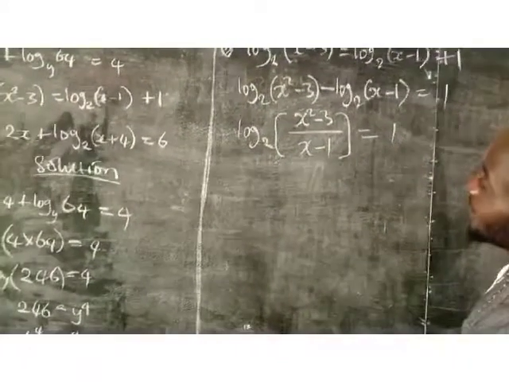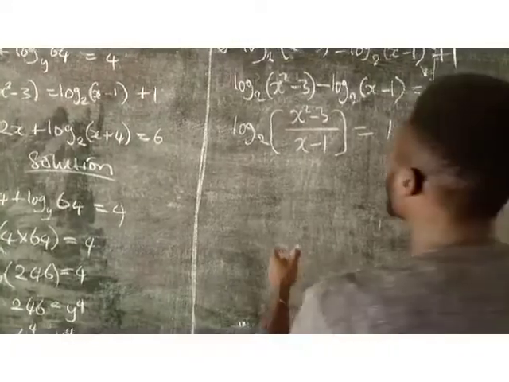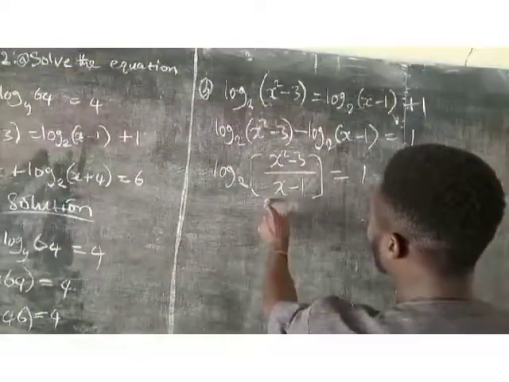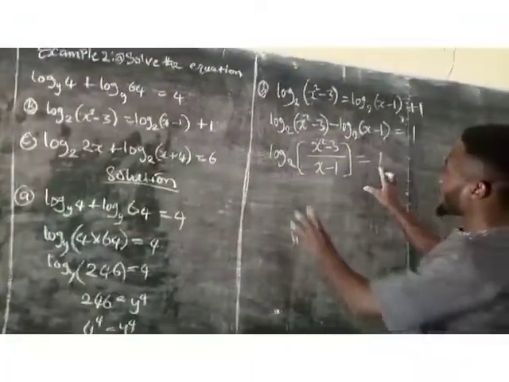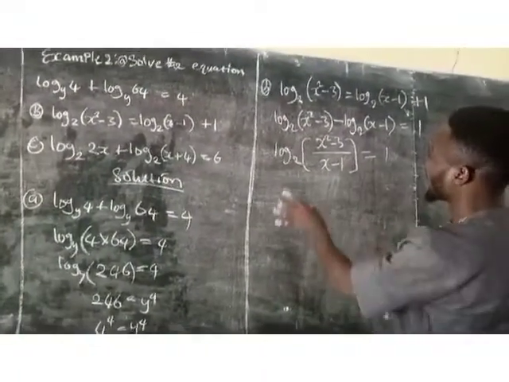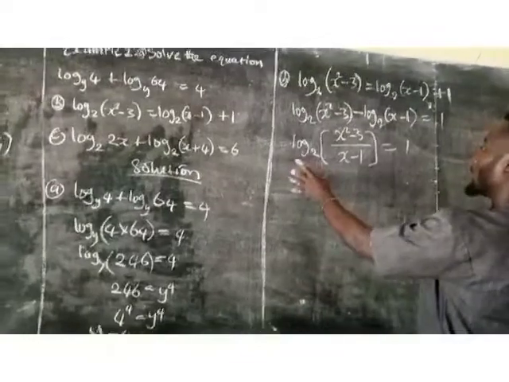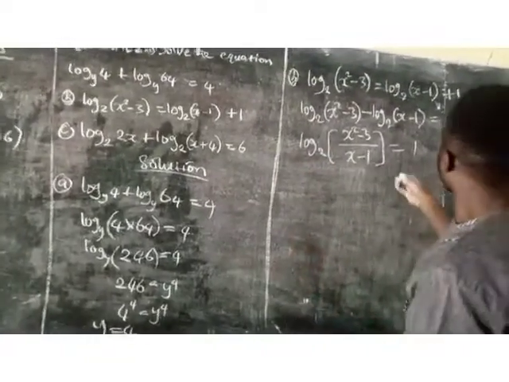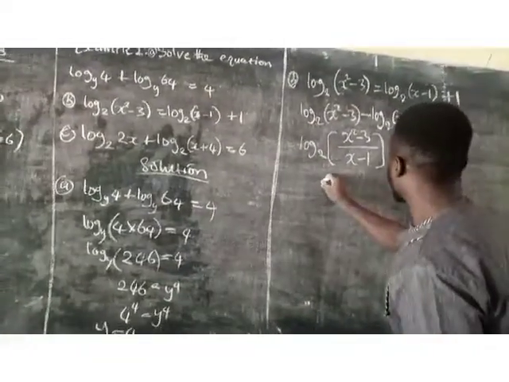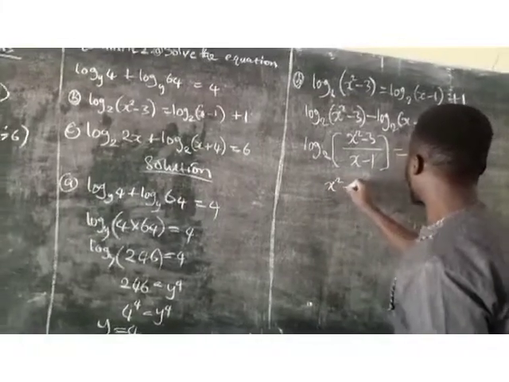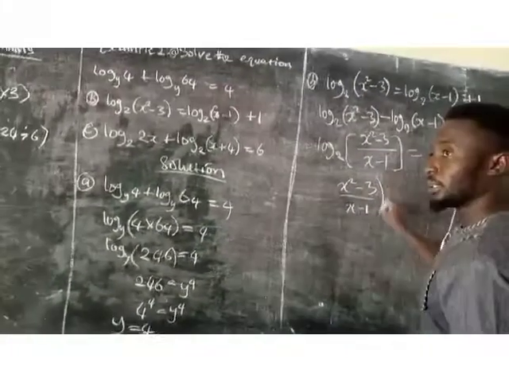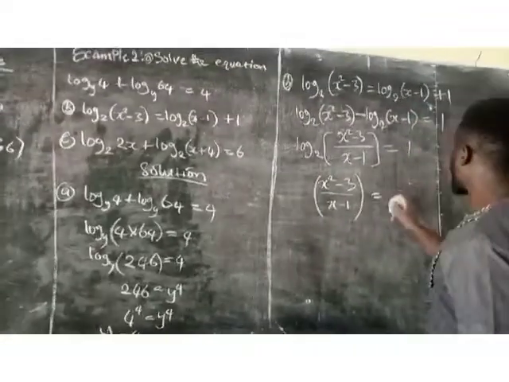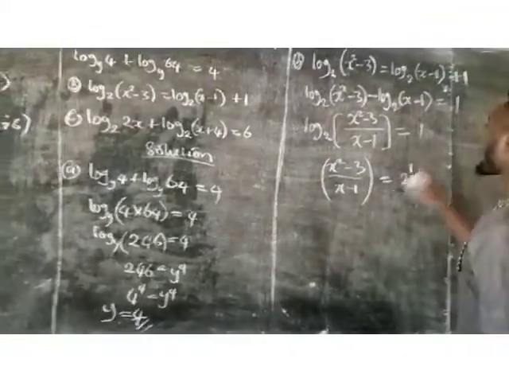From one of the rules of logarithm, this is the same thing as x squared minus 3 all over x minus 1 equals 2 raised to the power of 1.